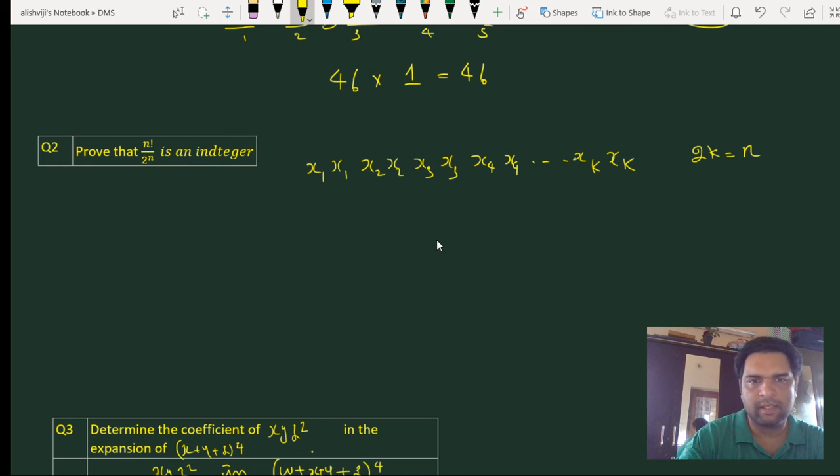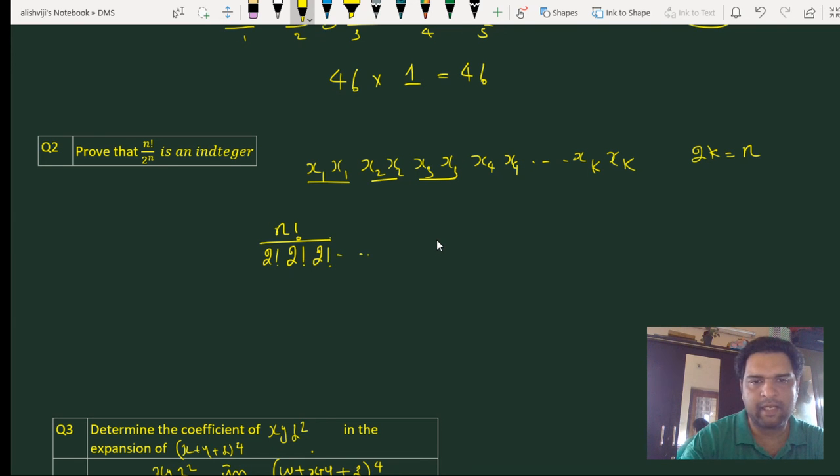Out of these n symbols, two symbols are of type x1, two symbols are of type x2, two symbols are of type x3, and so on. So the total number of possible arrangements is given by n factorial divided by 2 factorial, since the symbol x1 repeats 2 times, 2 factorial, since x2 repeats 2 times, 2 factorial, since x3 repeats 2 times, and so on.